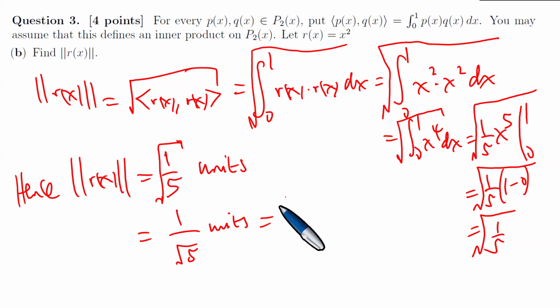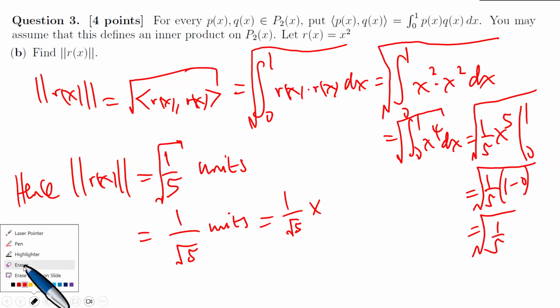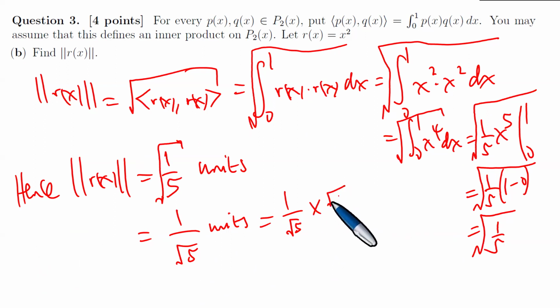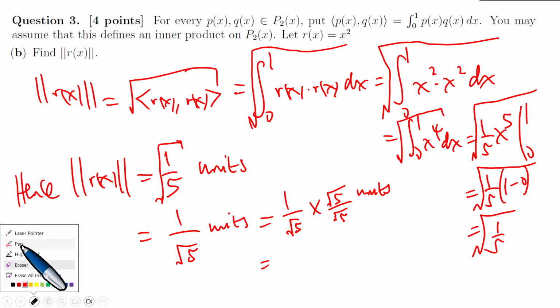Somebody can be like, hang on, but yeah, I know these ones are university guys. The university guys are not very strict when it comes to this, but normally we do not leave answers with square roots in the denominator in mathematics. Because a number with a square root in the denominator cannot be easily analyzed, so we need to rationalize. So we rationalize and make sure that the denominator is a rational number and the square root is in the numerator.